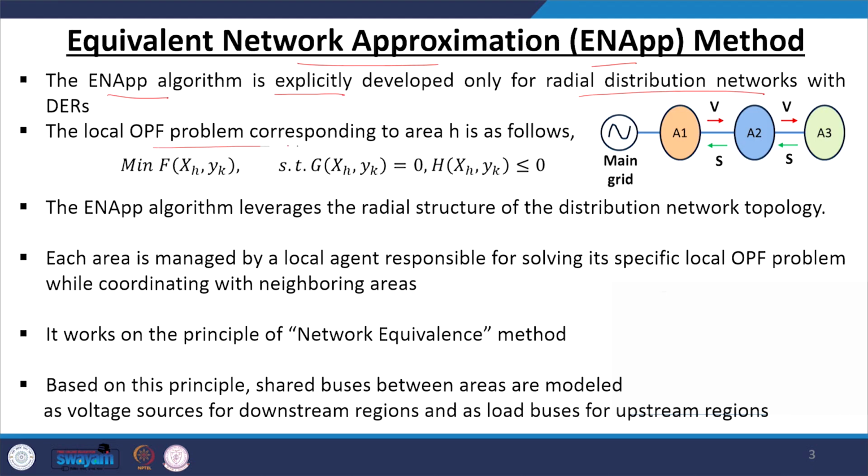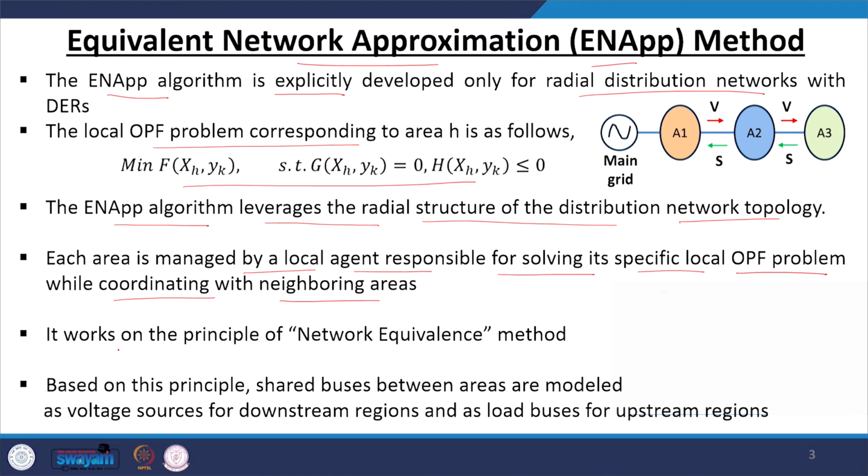Then the local optimization problem is the same as what we have seen for the ADMM. The NAP algorithm actually leverages the radial structure of the distribution network topology. That means there is only one child area and one parent area for a particular area. Each area is managed by a local agent responsible for solving its specific local OPF problem while coordinating with neighboring areas.